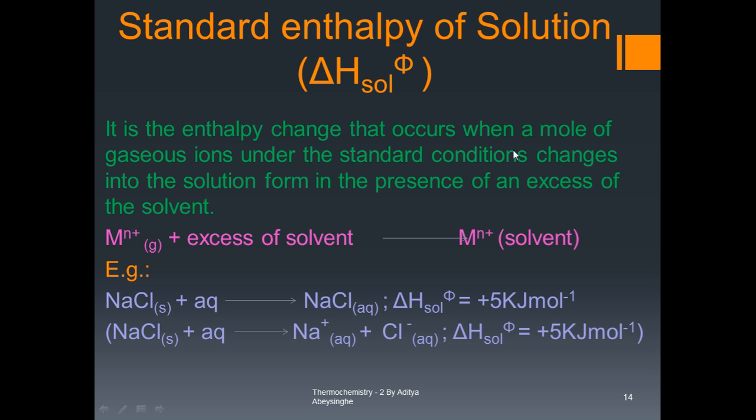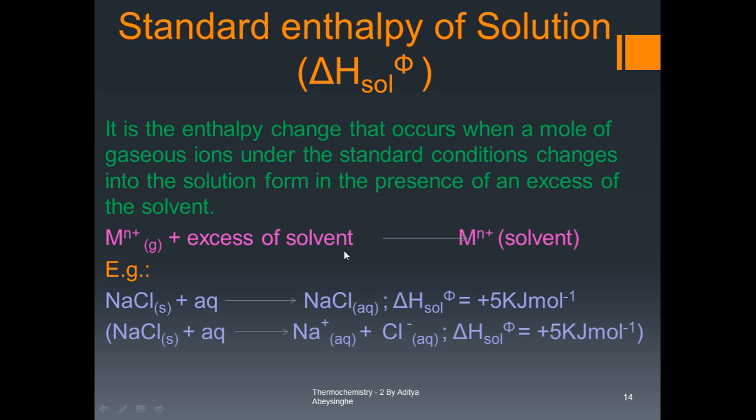Now for example, you take this example, sodium chloride. We dissolve sodium chloride in some aqueous solution to form sodium chloride aqueous. Now sodium chloride is initially in its solid state. When you dissolve it in an excess of solvent, you form the aqueous solution NaCl aqueous.